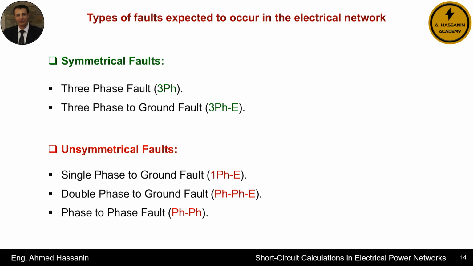First, single phase to ground fault, which refers to a fault where a single phase contacts the ground. Second, double phase to ground fault, which refers to a fault where two phases contact the ground. Third, phase to phase fault, which refers to a fault where two phases contact each other without the presence of the ground.